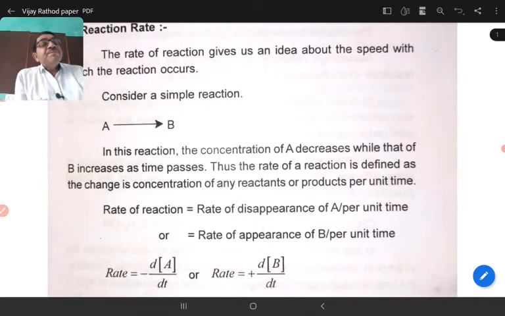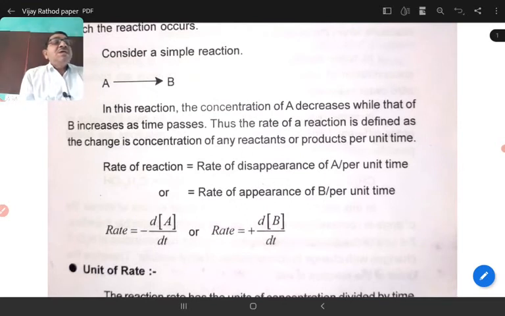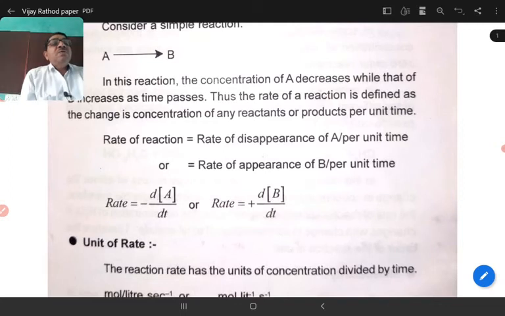In this reaction, the concentration of A decreases while that of B increases as time passes. Thus, the rate of a reaction is defined as the change in concentration of any reactant or product per unit time. So, the time factor is considered for the completion of the reaction. Now, rate of reaction is equal to the rate of disappearance of A, that is the reactant, per unit time, or in other words, the rate of appearance of B, that is the product, per unit time.